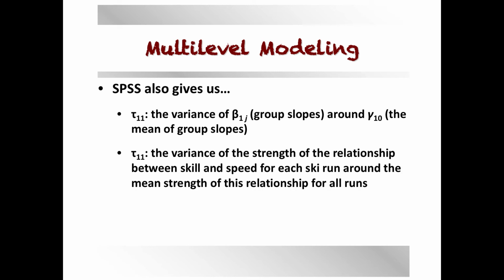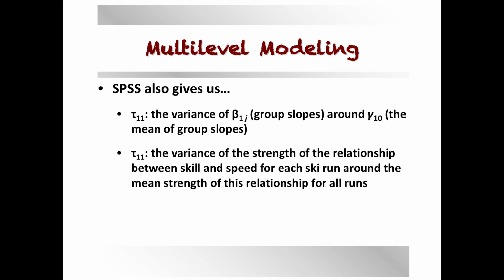What about tau 1,1? Okay, tau 1,1 is the variance of group slopes. So we found that the overall mean slope was 0. But I suggested at that point that, hey, some of these are positive, some of these are negative. Maybe the slopes are different from each other.